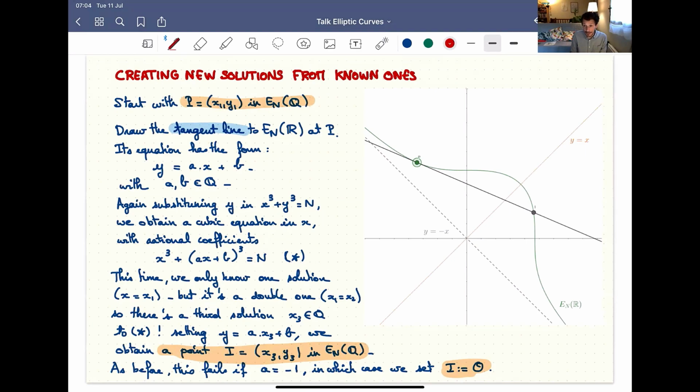Then there's another question from the previous slide. I'm not sure what slide is referred to here, but we know that if we have only one solution, x1, y1, we can use the tangent line to get y equals ax plus b. Then why do we get x cubed plus ax plus b cubed equals n? Right.